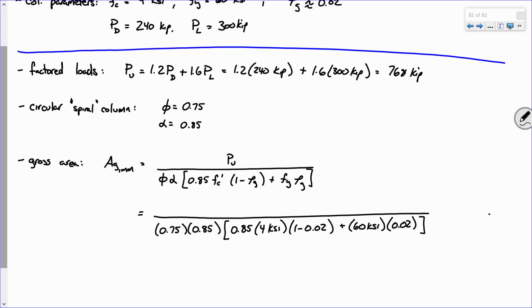And then this is, all right, I may have a typo in my little handout here, so let's just see what you all get.